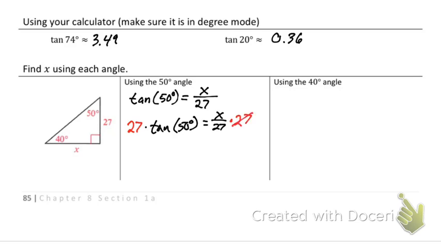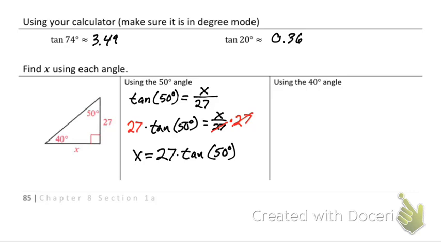Our 27 and 27 turn to 1, and I'm just going to change the side the x is on. So we're going to have x equals 27 times tangent of 50 degrees.